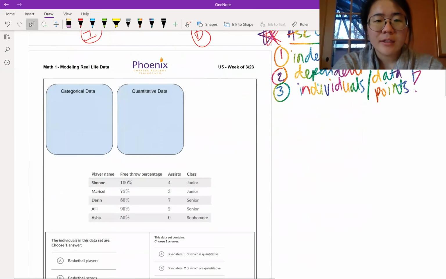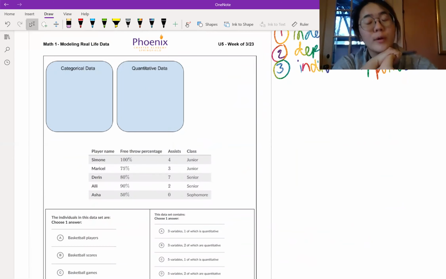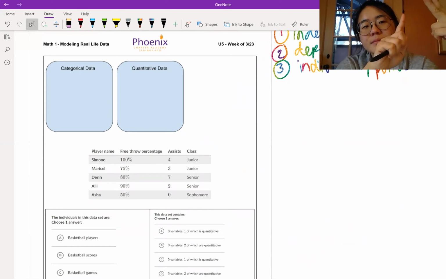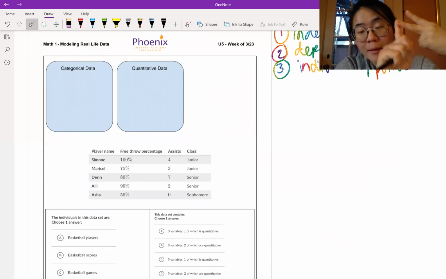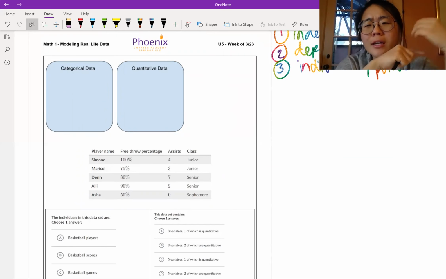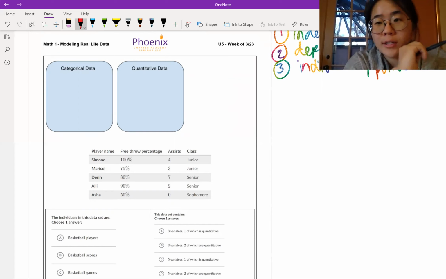All right, so let's turn to the next page. Now, what we want to talk about is we are collecting data on certain individuals. We know we're studying these individuals, the independent, dependent variable. Now, what kind of data are we collecting? For scatter plots, we want to work with quantitative data.